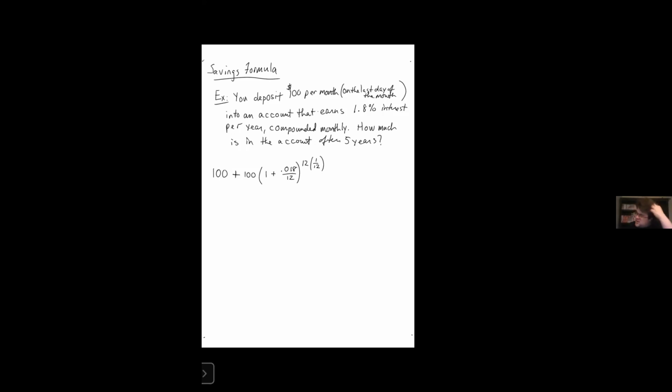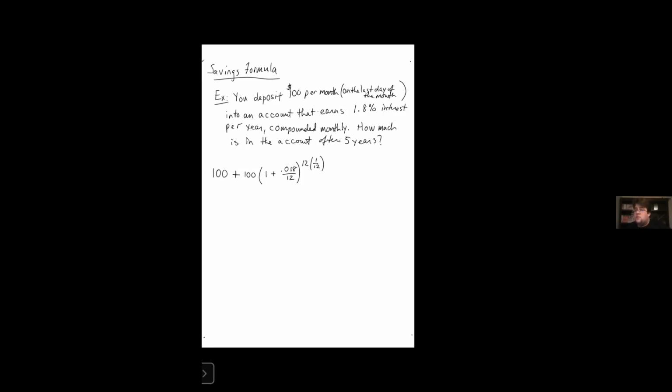For this lecture and the next couple of lectures, I am going to use just the compound interest formula with r over m. You could do these with i. I'm going to do them just for annual interest rates, and then you can translate them over. Like with this one, i would be whatever 0.018 divided by 12 is, and the exponent would be 1 because it's 1 month.